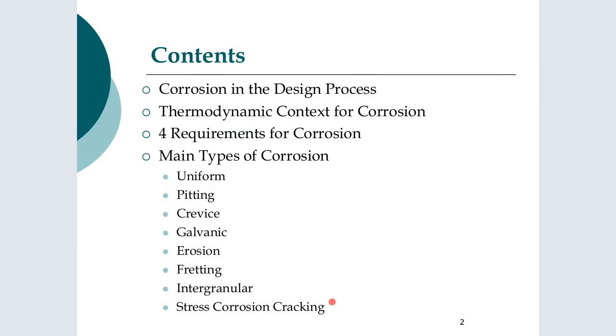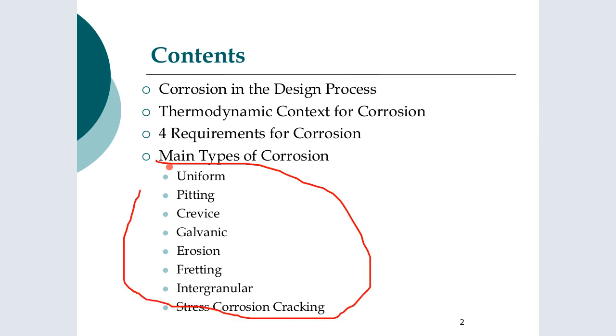Right, so what are we going to cover? There's two sections to this, and what I'm going to move through really fast is this section here. The specific types of corrosion I'm not going to cover in much detail, because that's going to be your own private study.